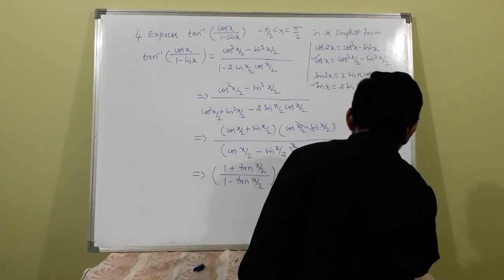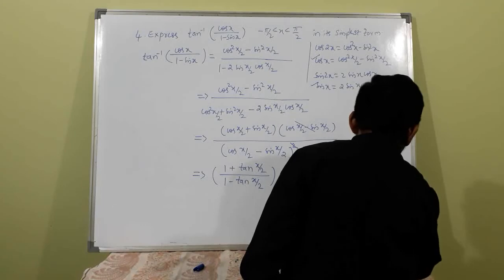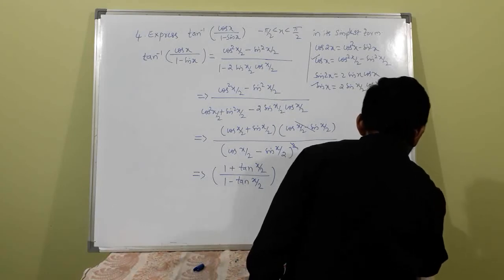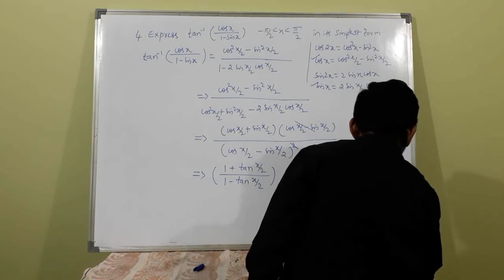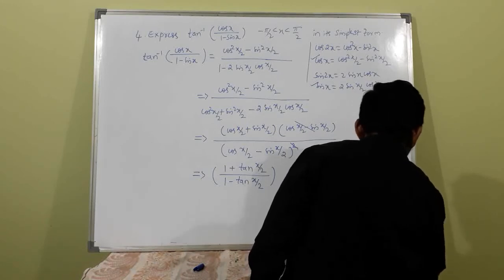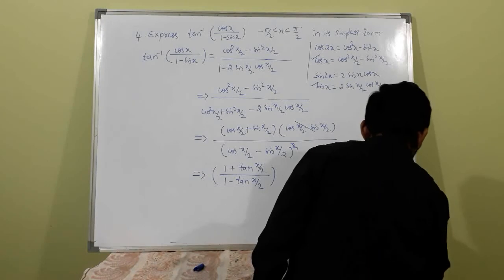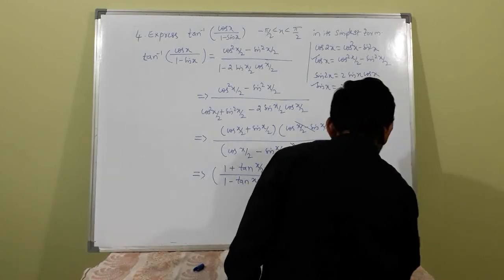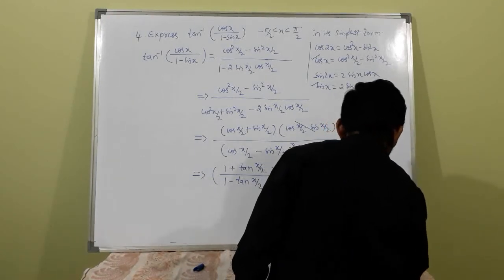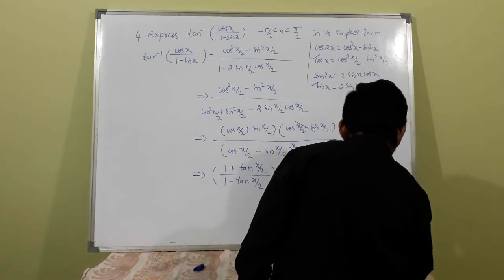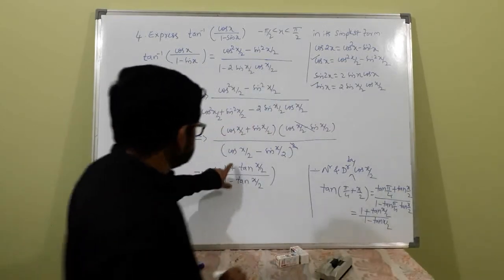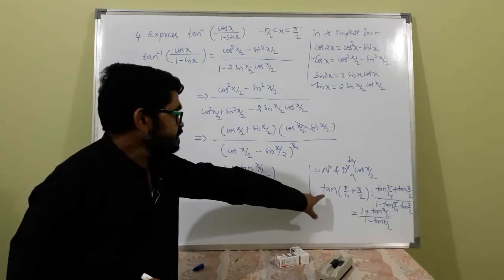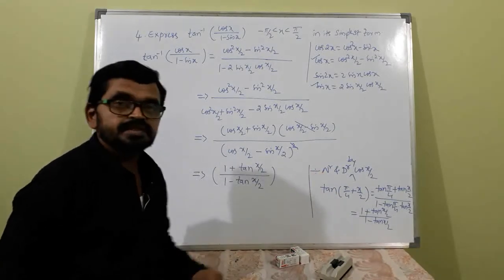So here, tan 5 by 4 plus tan x by 2 divided by 1 minus tan 5 by 4 into tan x by 2 is equal to 1 plus tan x by 2 divided by 1 minus tan x by 2. So this term can be written as tan of 5 by 4 plus x by 2.